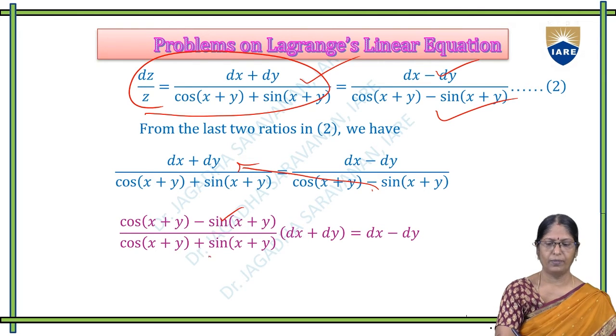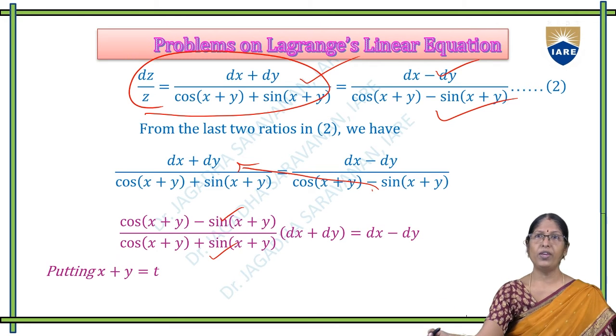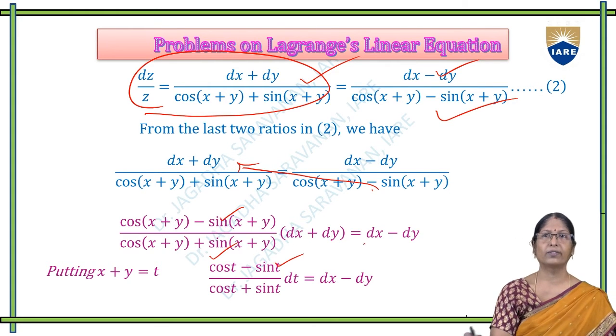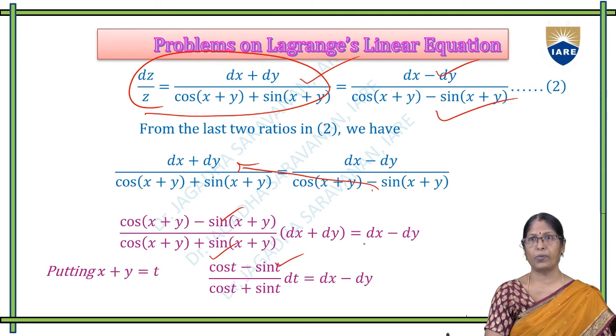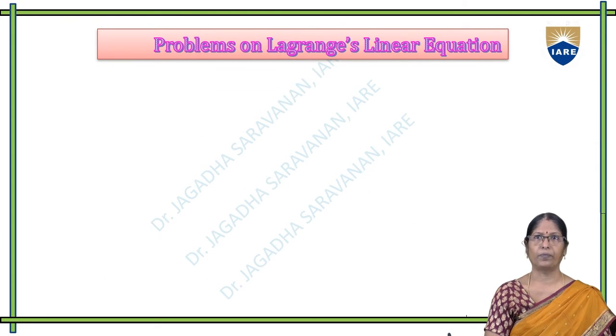That is cos of x plus y minus sine of x plus y, we brought to the left position into dx plus dy, which is equal to dx minus dy. So now, the previous simplifications, x plus y equal to t, that is cos t minus sine t divided by cos t plus sine t. This is d of x plus y, that is dt, which is equal to dx minus dy.